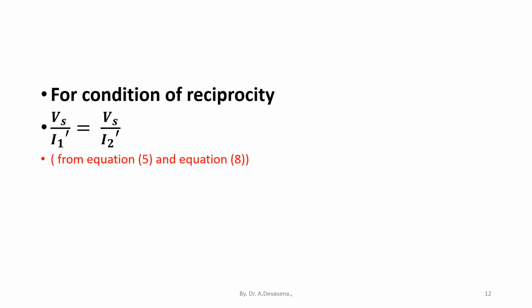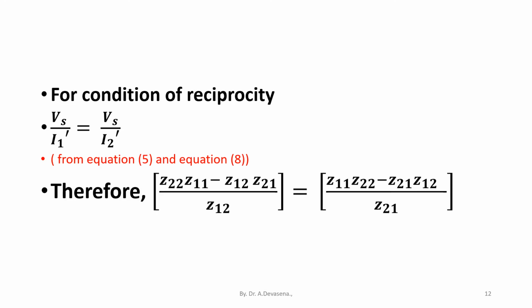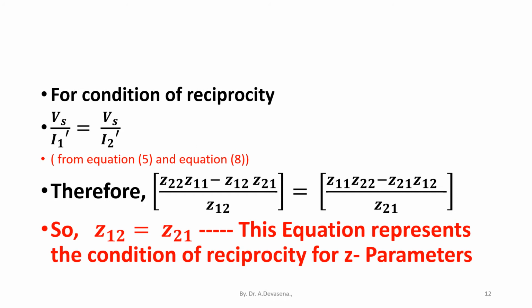So therefore, from equation 5 and equation 8, we get (Z22 Z11 minus Z12 Z21) the whole divided by Z12 is equal to (Z11 Z22 minus Z21 Z12) the whole divided by Z21, that is Z12 is equal to Z21. This is the equation that represents the condition of reciprocity for Z parameters.